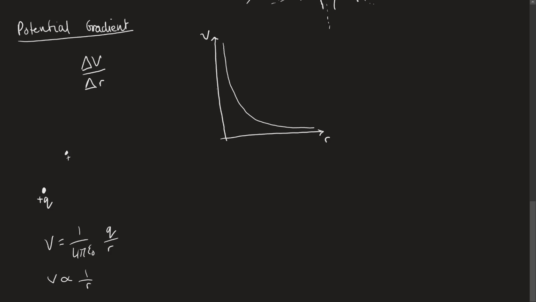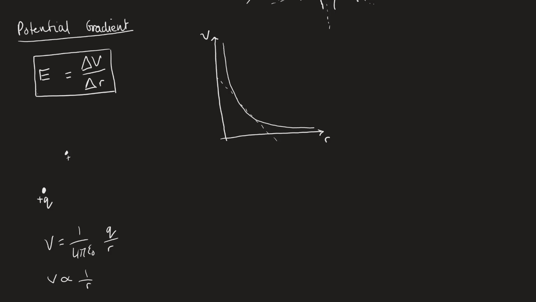And we said that if we take the gradient here, we're going to end up with the potential gradient. How quickly this changes is actually a measure of the field strength. So this is another way that we can define the electric field strength, based on how quickly the potential changes as we travel away from the charge at the center.